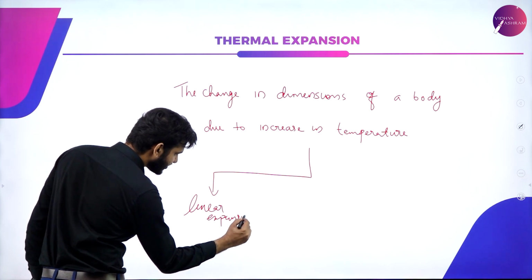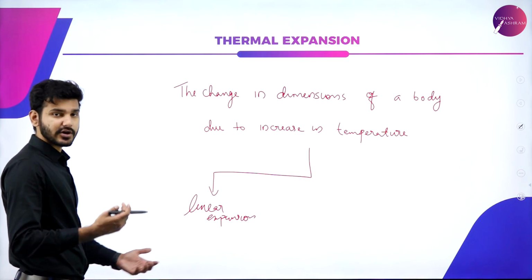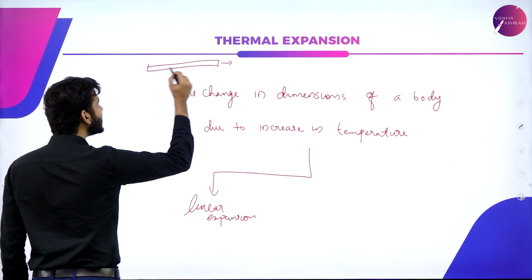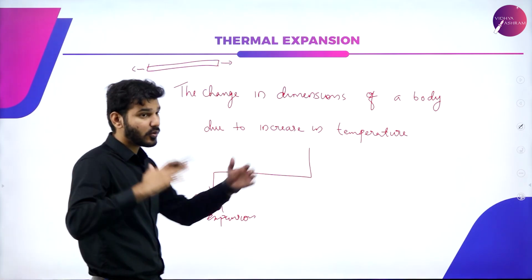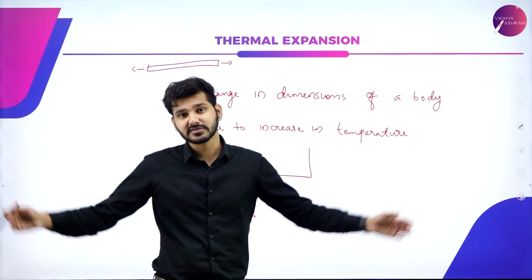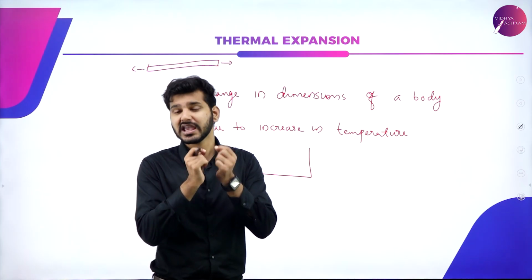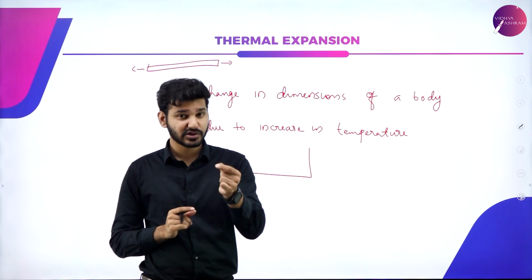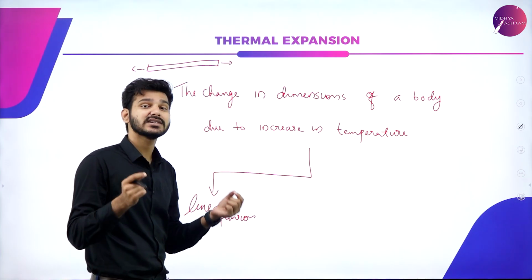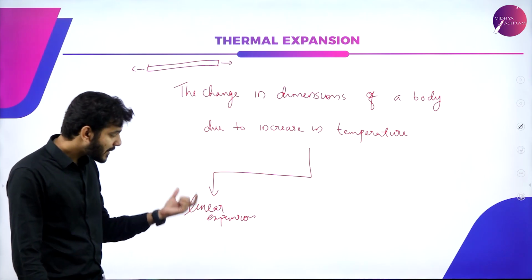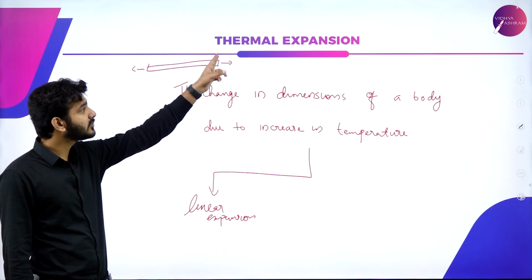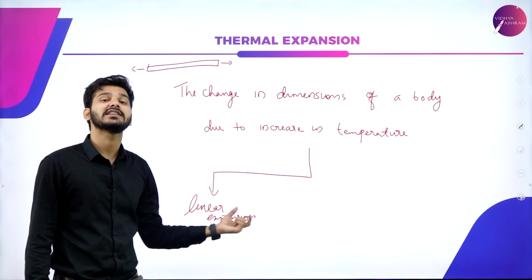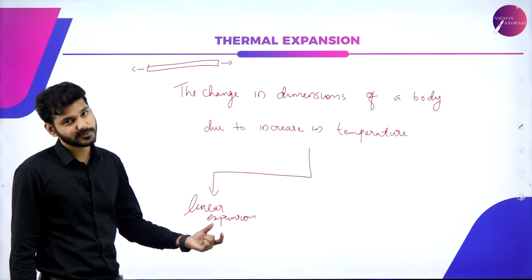Linear expansion means that when you heat up a metal rod, it can increase its length, not by 1 meter or 2 meters or 5 meters, but by minute amounts, let's say millimeters. Even so, it is still an increase. And if the length is increasing, we say that the expansion due to thermal energy absorption is known as linear thermal expansion, or simply linear expansion.